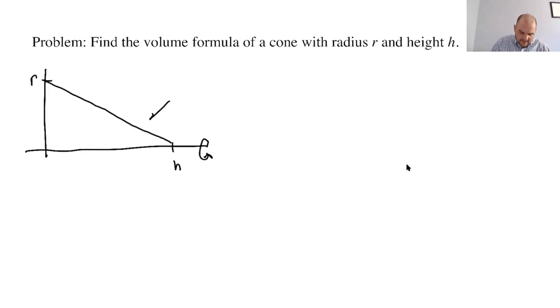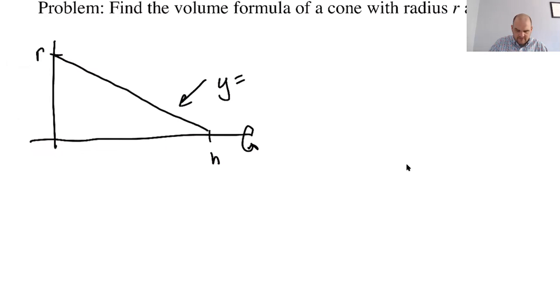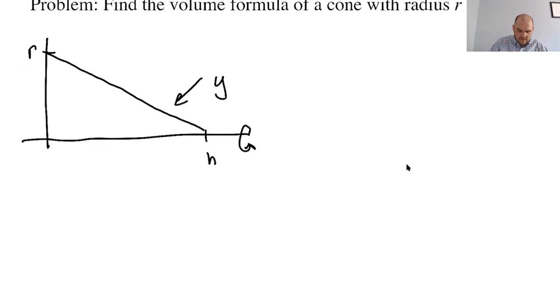So this line is y equals, or I guess I could call it f of x. Let's call it f of x. f of x equals, the y-intercept is r, and then the slope is you go down r and over h, so minus r over h, and then times x. That's r, h, and n.